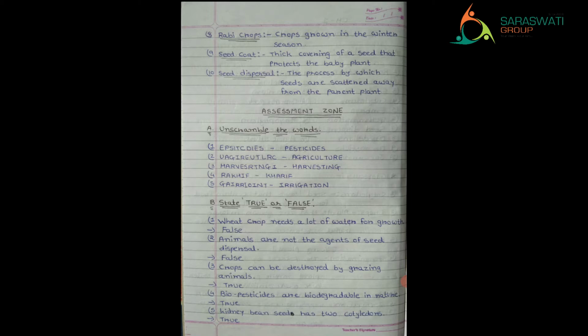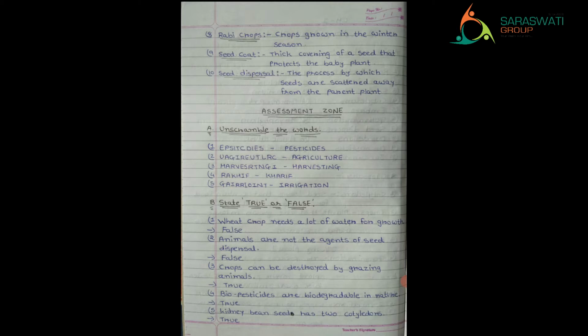Okay, now fifth one, kidney bean seed has 2 cotyledons. Is it? Yes, it is true, right? Because we have seen in the diagram as well that if you soak the kidney bean in water and if you press it, it will convert into two equal halves.